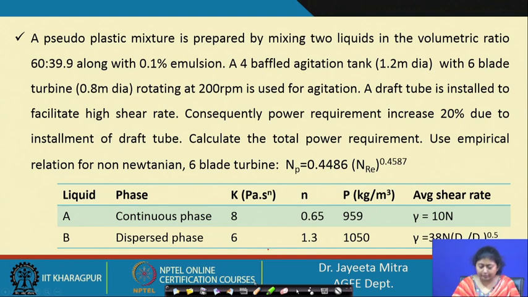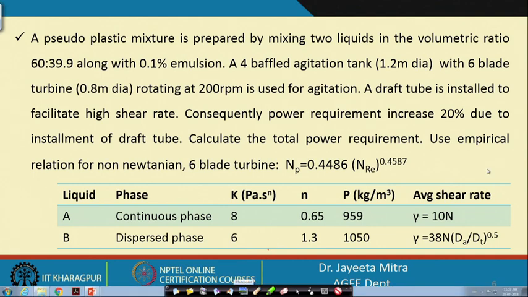Now, we have a problem again. That is a pseudoplastic mixture. Pseudoplastic mixture, if you remember in our rheology class, we have seen that non-Newtonian can be straight away differentiated into pseudoplastic and dilatant.